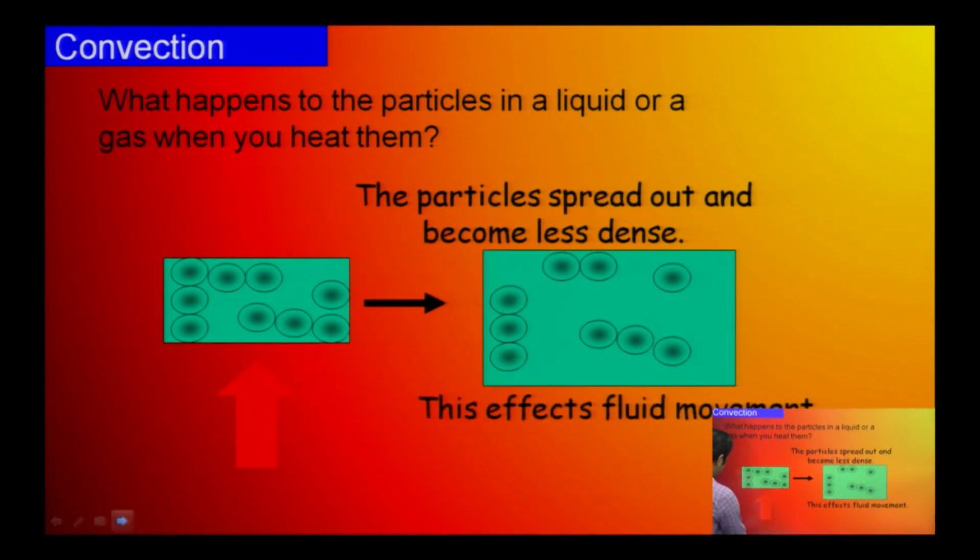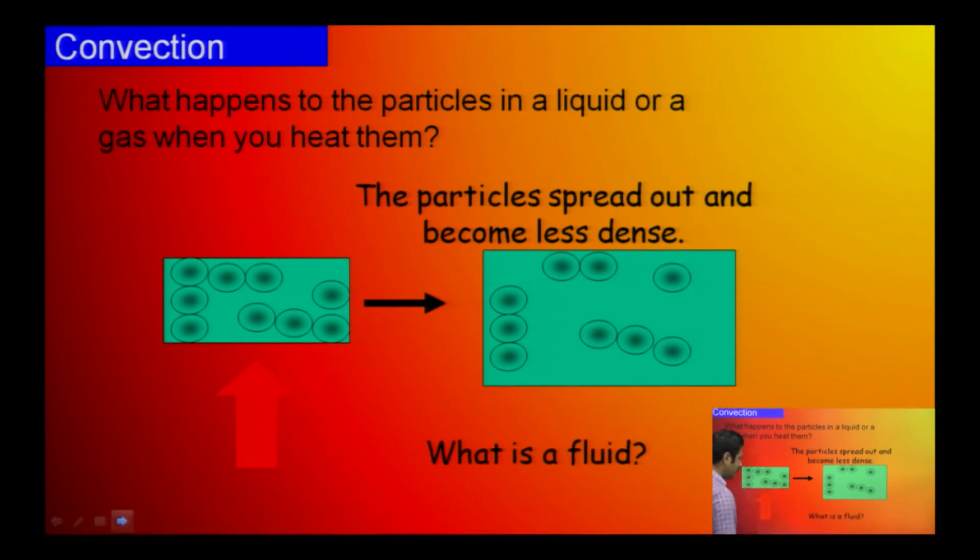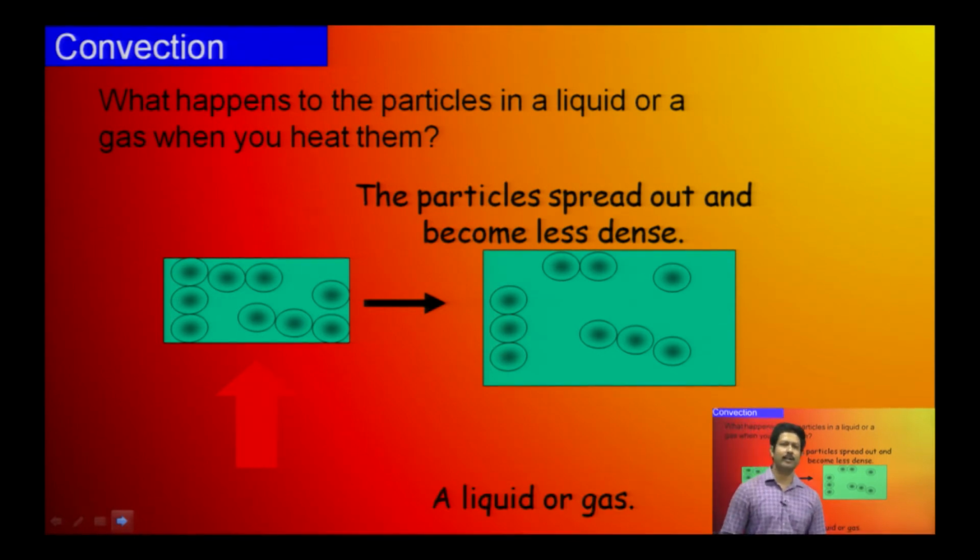Okay, so this affects fluid movement. The particles spread out and become less dense. What is a fluid? A fluid could be a liquid or a gas. So this is the basis of convection, because convection is the heat transfer between a solid and a liquid or a gas, or gas to gas, liquid to liquid.